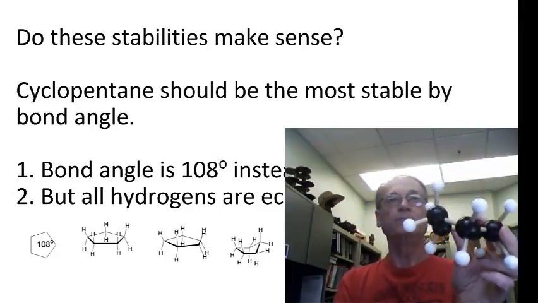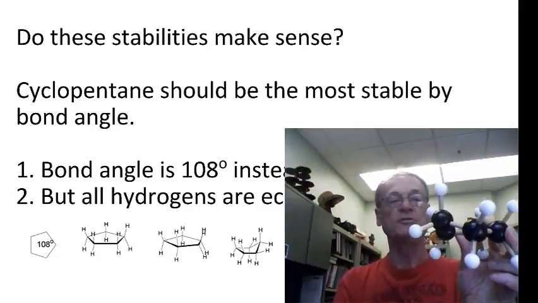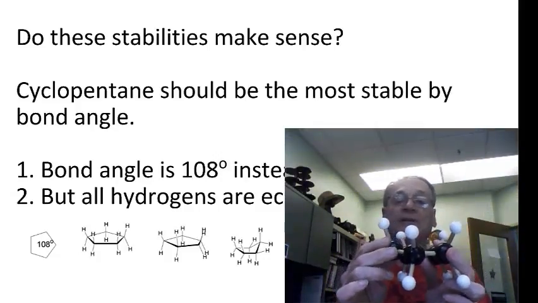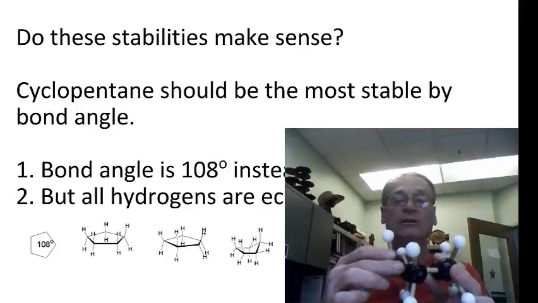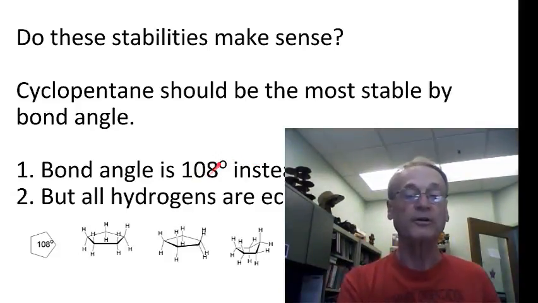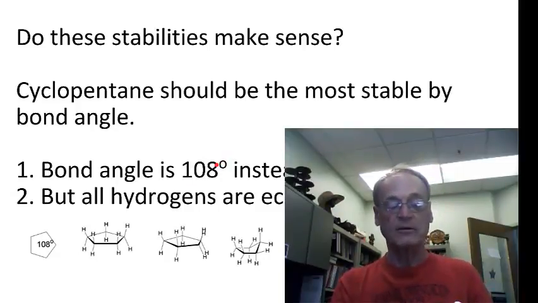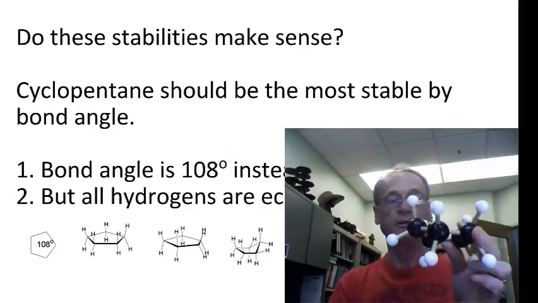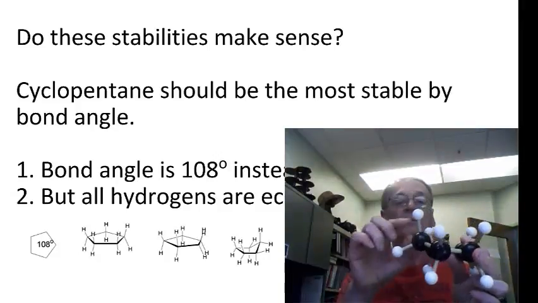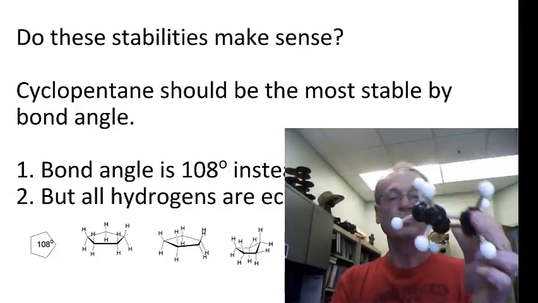So that provides a little bit of relief from the torsional strain. However, to do that, you have to actually decrease the size of the angle a little bit, so it becomes even smaller than 108 degrees, not significantly, but enough that it has to sacrifice a little bit of that bond stability in order to relieve some of the torsional strain.